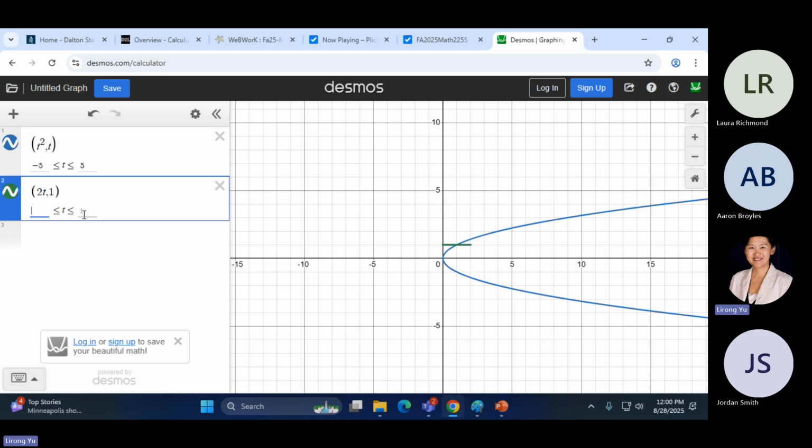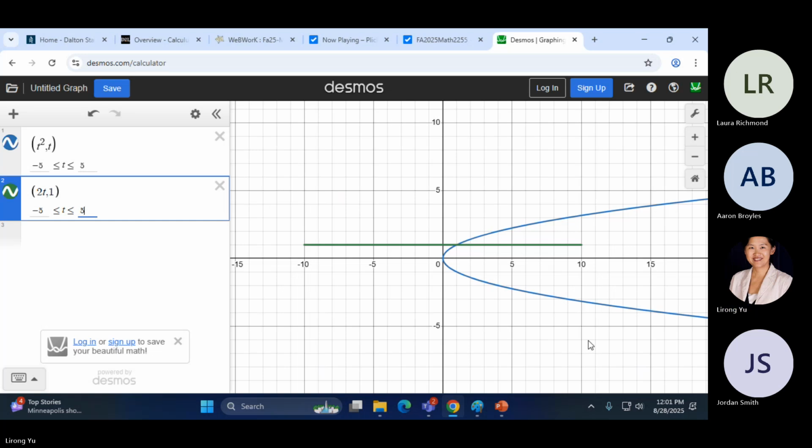So how does it look? Let's try t from -5 up. It's a horizontal line. So we're saying that when t is given, it has been horizontal. What does it mean? That means the whole thing has been in the x direction.